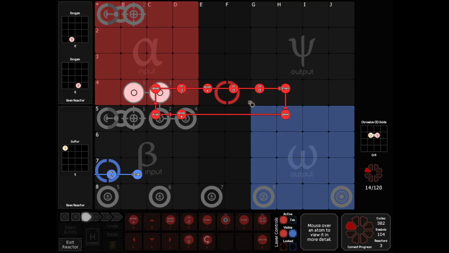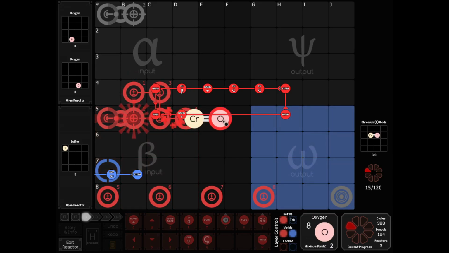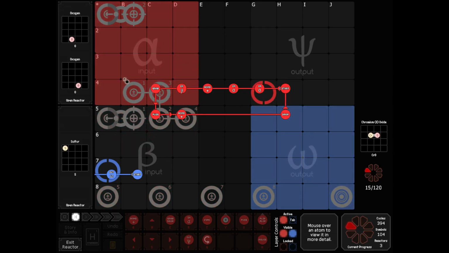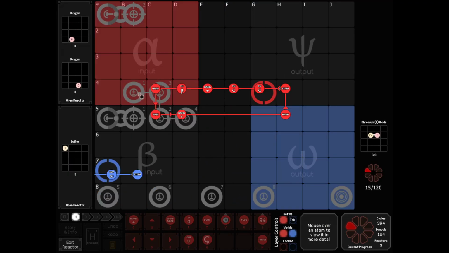So this is really simple. It bonds the oxygens together, fuses sulfur into one of them, and creates a double bond. And this works because whenever the previous reactor outputs only this oxygen pair right here, then the left one is first and the right one is first, and everything is fine.